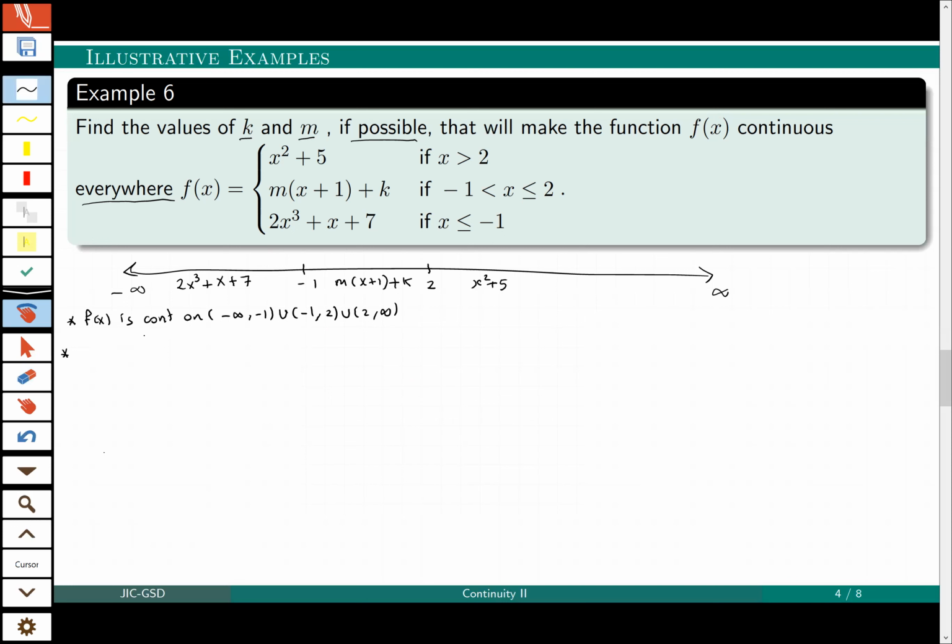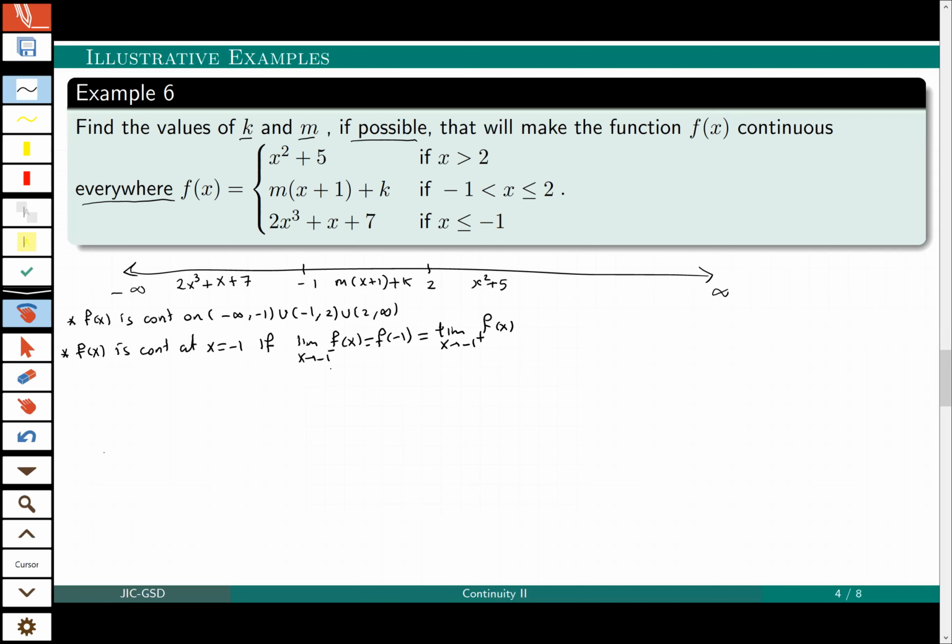So I will say f of x is continuous at x equal to -1 if the limit when x goes to -1 from left has to equal f at -1, which has to equal the limit when x goes to -1 from right.